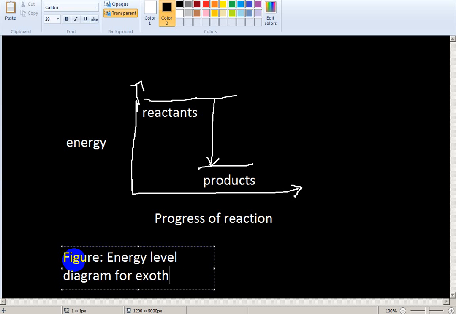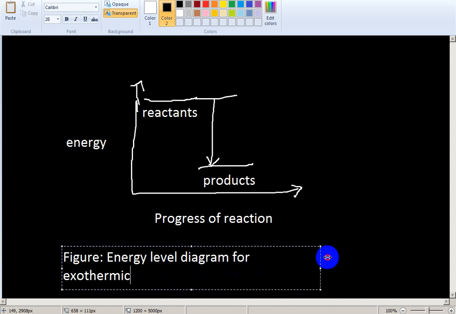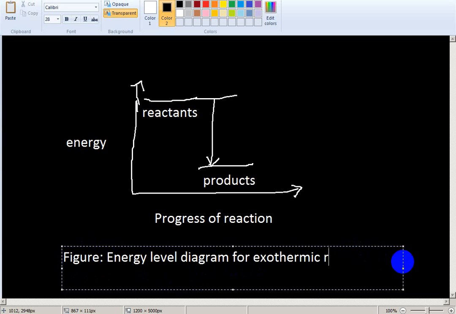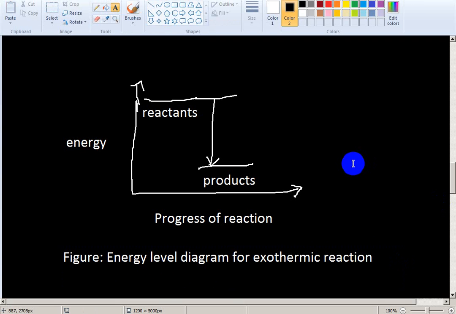This meeting will finish. I will arrange another meeting. Exothermic reaction. Figure: energy level diagram for exothermic reaction. Okay, this is the energy level diagram for the exothermic reaction.